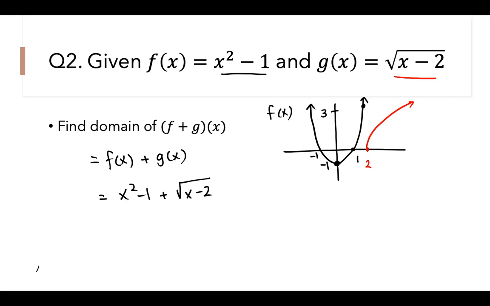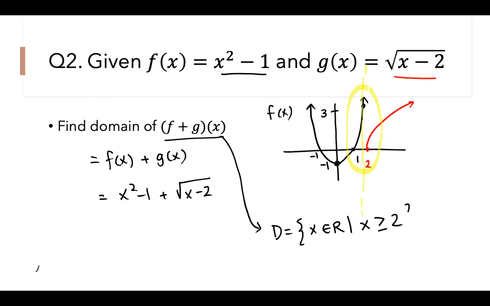To find the domain, you have to find where the two graphs' x values overlap. As you can see, the two graphs start to overlap at 2. So at 2, over here, these two graphs are going to overlap. The domain of the given function is x can be any real number such that x must be greater than or equal to 2.